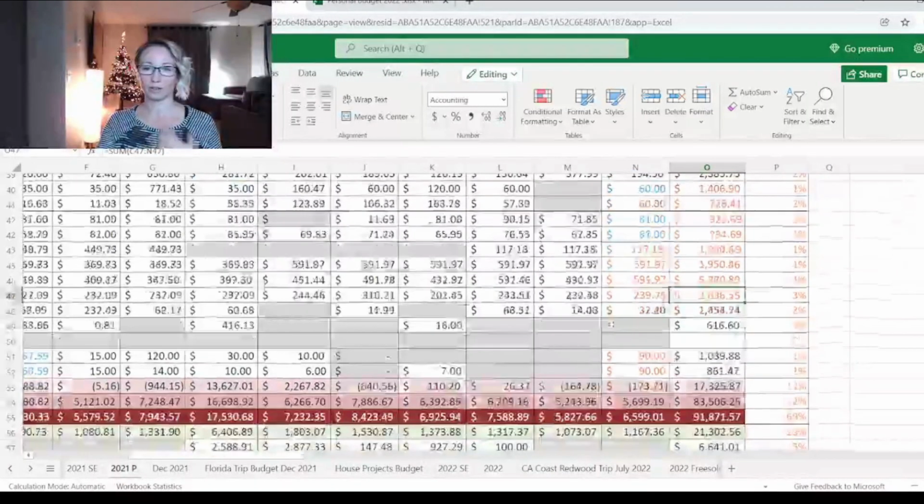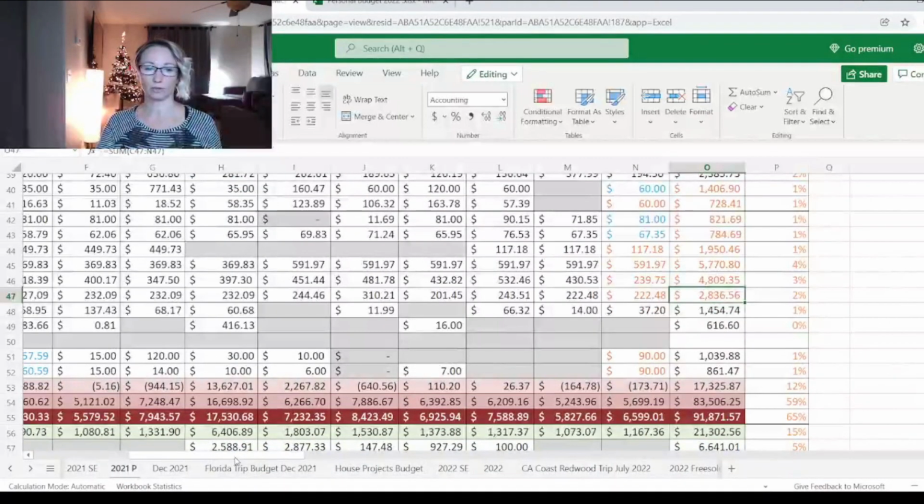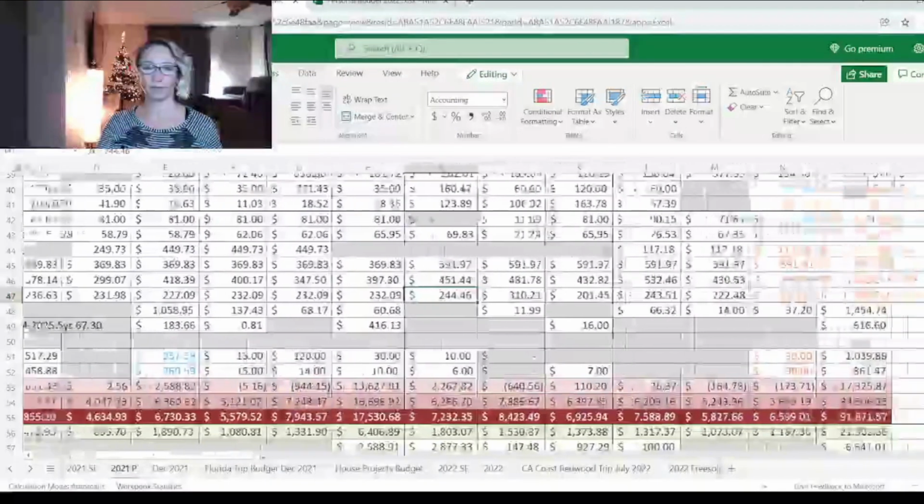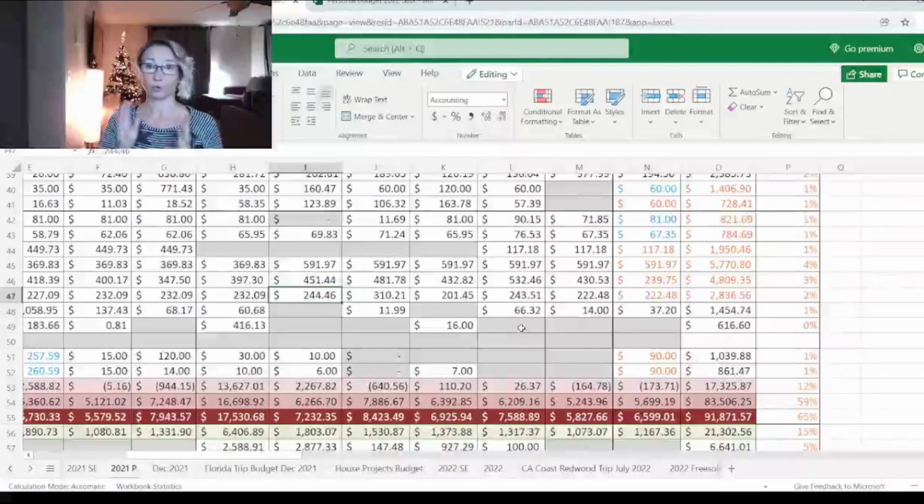The next category is our insurance. So this is the insurance for, again, the truck, the car, the motorcycle, and now the teardrop. So this fluctuated. We were at $236. It ended up going up a little bit, and then once we paid off the car, I changed some of our deductible amounts and things like that, so then it kind of went back down.